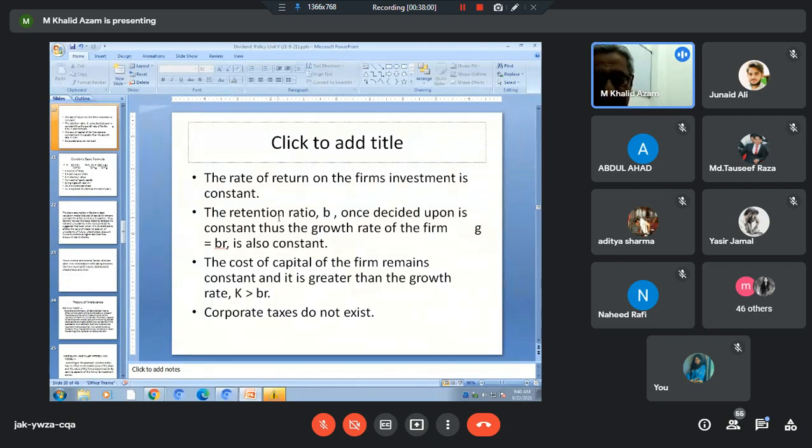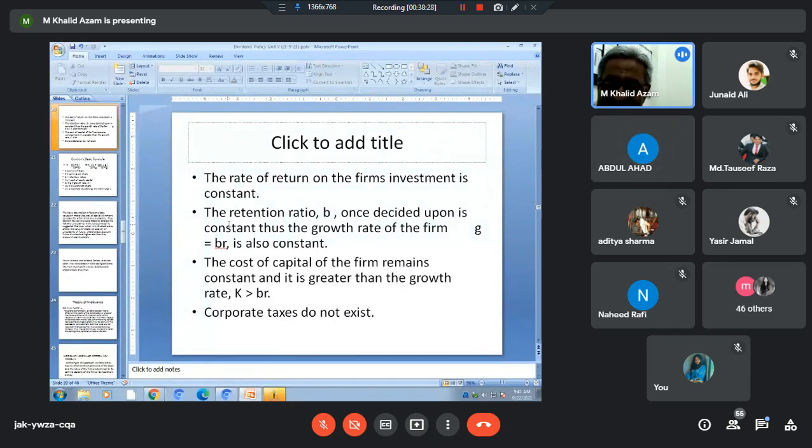If suppose you have earned 100 rupees on one share and you are going to pay 40%, your dividend payout ratio will become 40%. Clear? How much are you going to retain? 60%. So the retention ratio will become 60%.